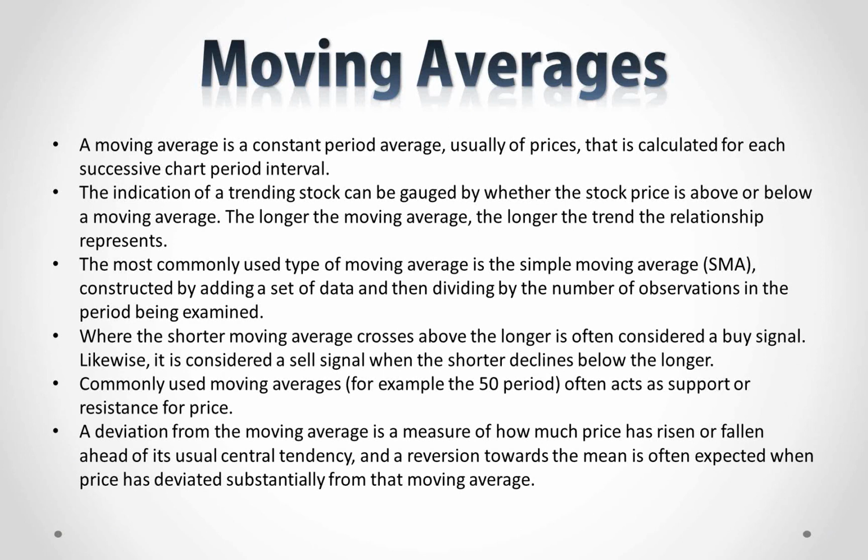So basically, you would be trading based on the assumption that there's going to be a reversion towards the mean in price, and when price deviates substantially from that moving average, it's going to eventually come back towards it. So you'll see parabolic moves away from moving averages. Obviously, the longer, the more reliable. And as it gets further and further away, the likelihood that it's going to reverse and come back towards that moving average increases.